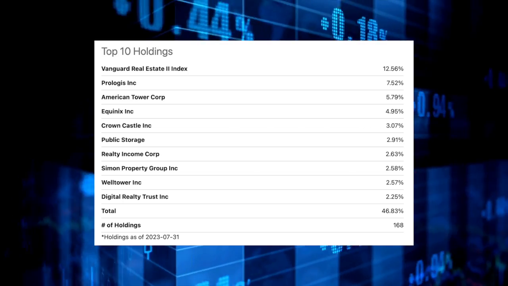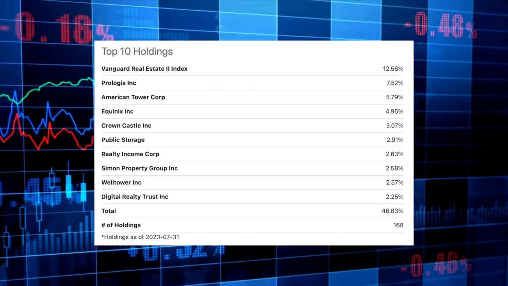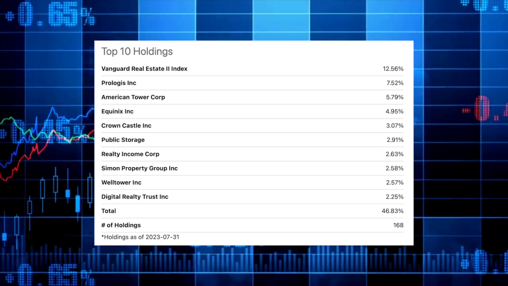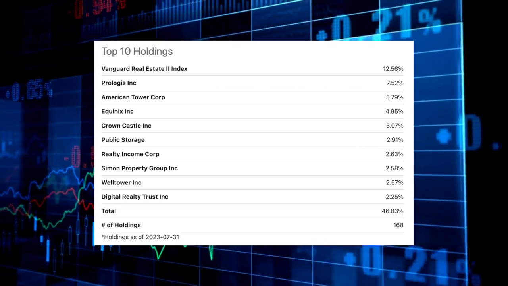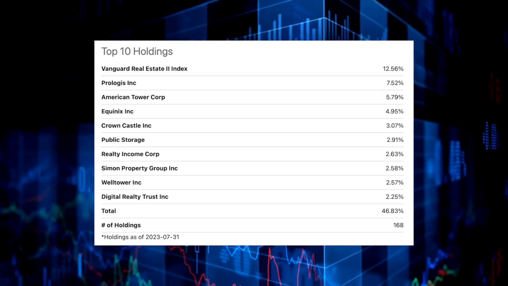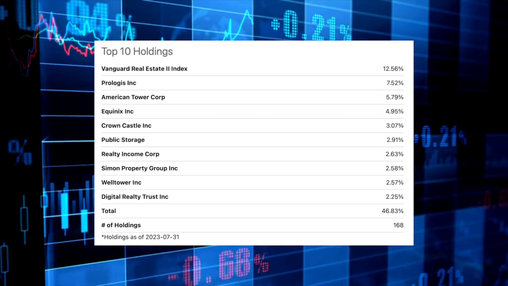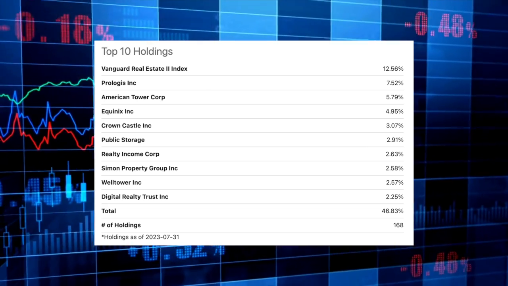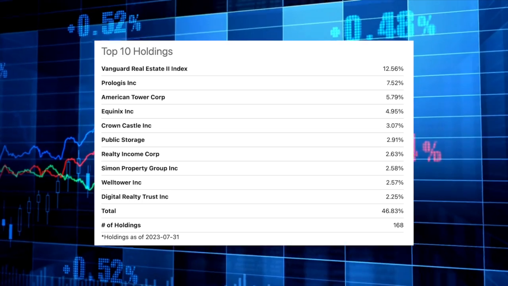The Vanguard Real Estate Index makes up 12.5%, and that index is already made up of a lot of the top names already on this list. The top individual REITs include Prologis, American Tower, Equinix, Crown Castle, Public Storage, Realty Income, Simon Property Group, Welltower, and Digital Realty Trust. The top 10 holdings account for 47% of VNQ, and the ETF has a total of 168 positions.